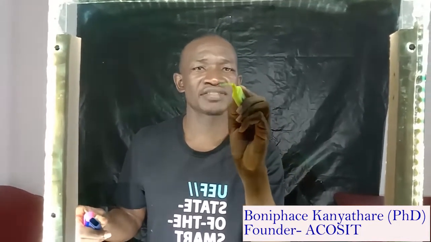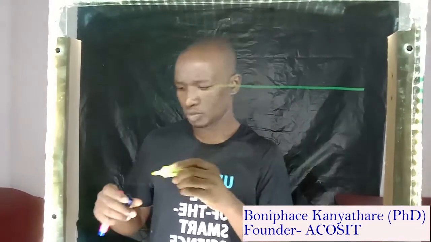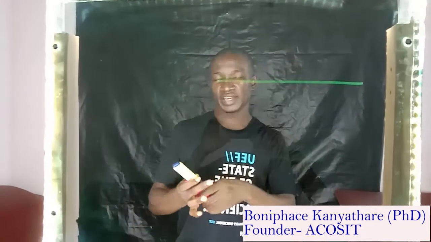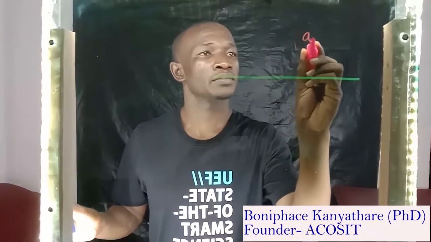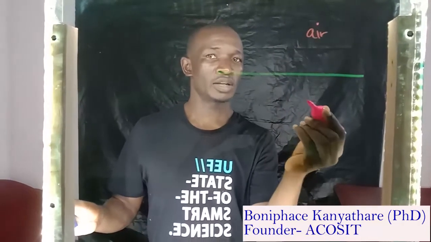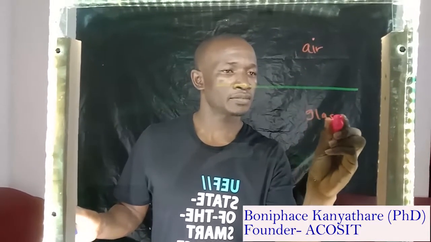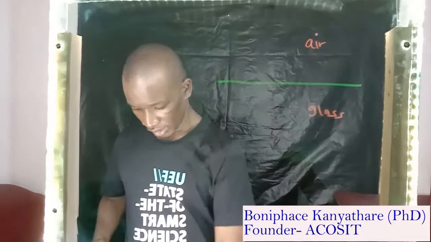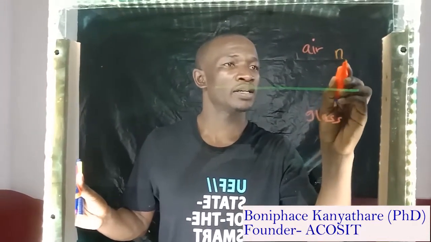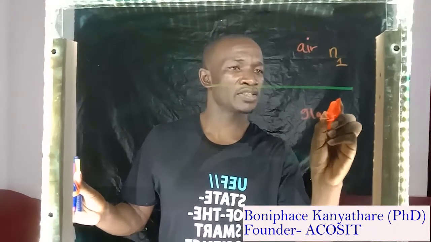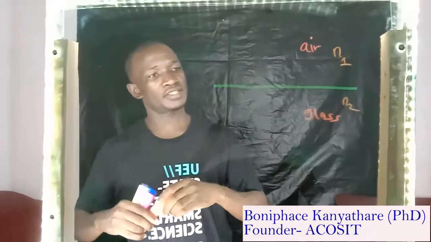So I said if we assume this is an interface between two medias, and let's say on top we have air, and the lower medium, let's call it glass. So again we have refractive index N1 of air, and we have refractive index N2 for glass.